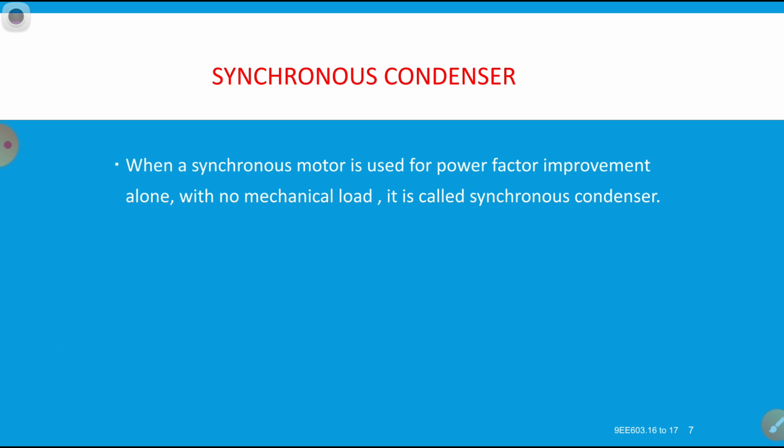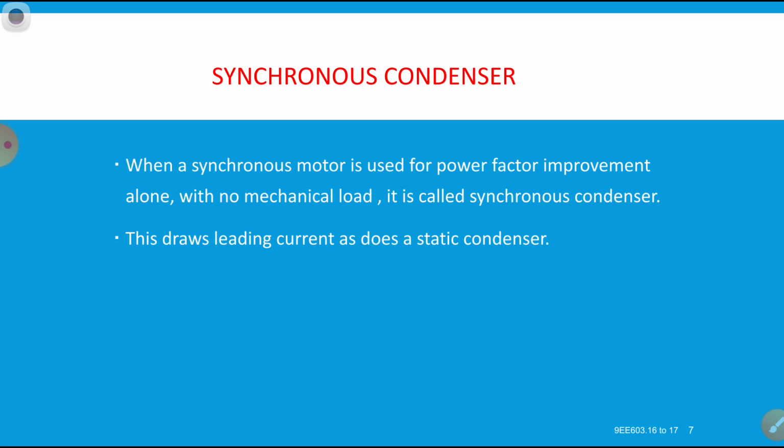When we overexcite the synchronous motor, it operates as a synchronous condenser. This draws a leading current as does a static condenser connected in the line. Similar to the static condenser, it behaves as a condenser.